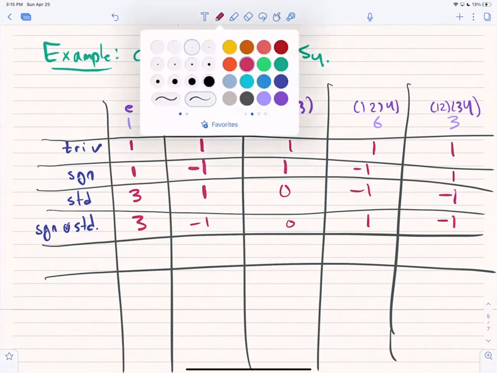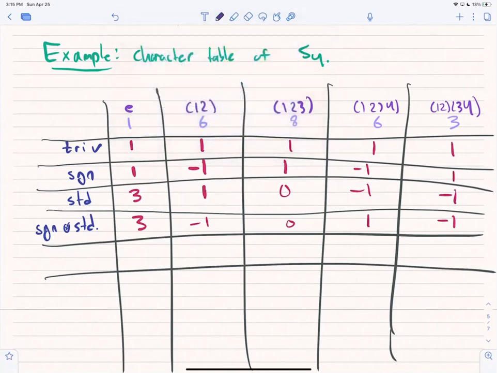This is something we did in the problem session, but just recall the fact I'm using here: a representation is irreducible if and only if the inner product of its character with itself is 1. Okay, good. So that got us a new irreducible representation. We added 1 row here, and now we know we have 1 left.